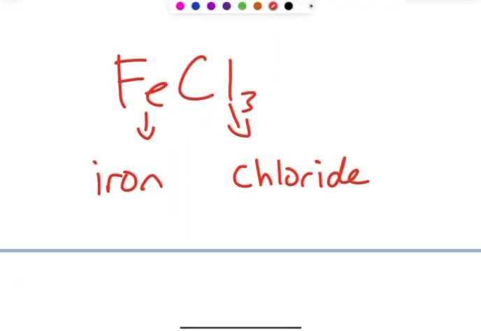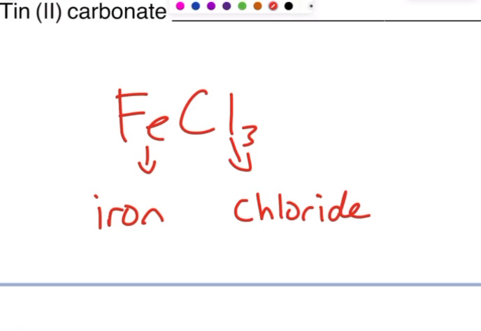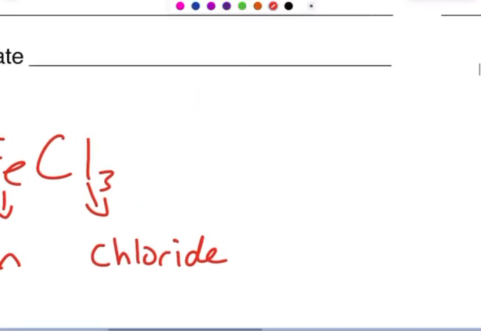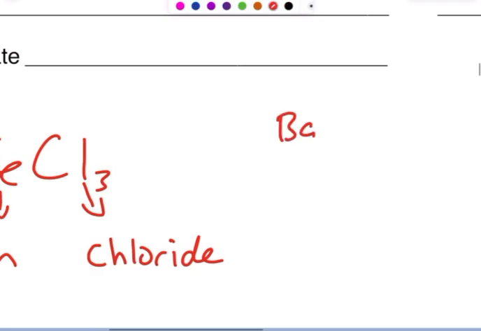How do I find the Roman numeral when I'm not given the charge of iron? I need the periodic table to find the charge, but there's no charges for the transition metals. I need the Roman numeral in my answer. So how do I even get this? Okay, let's start back over here. If I were to give you this, Ba2+ and Cl-, how would you find the formula?